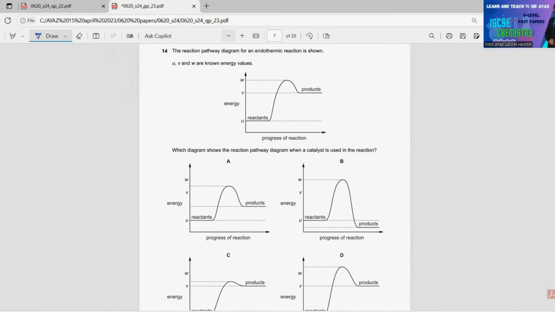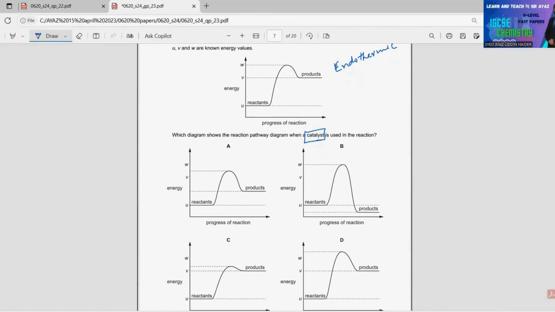Which diagram shows the reaction pathway diagram when a catalyst is used in the reaction? You know the function of the catalyst, it reduces the activation energy for the reaction. So that's for sure this reaction is endothermic. So look for the endothermic reaction first of all. So B is incorrect, either A is correct, C is correct, or D is correct.